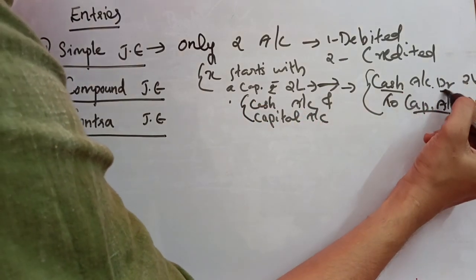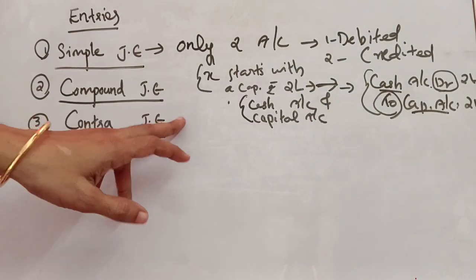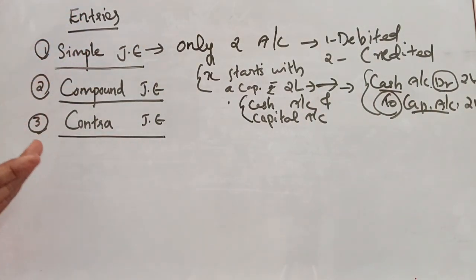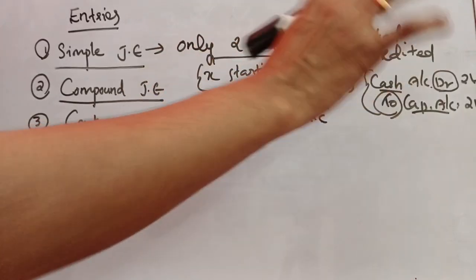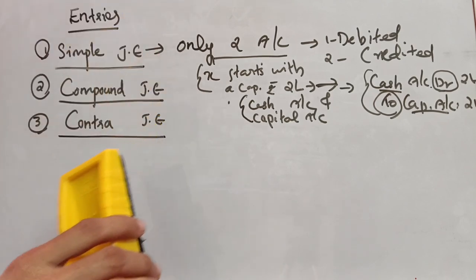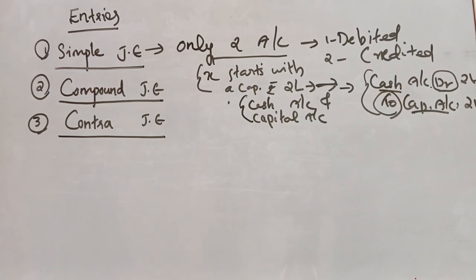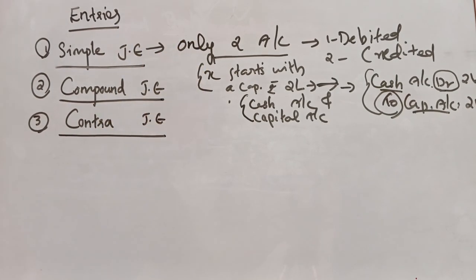Here one account is debited and the other account is credited. So a transaction that involves only two accounts is called a simple journal entry. Next we can move on to the compound journal entry.